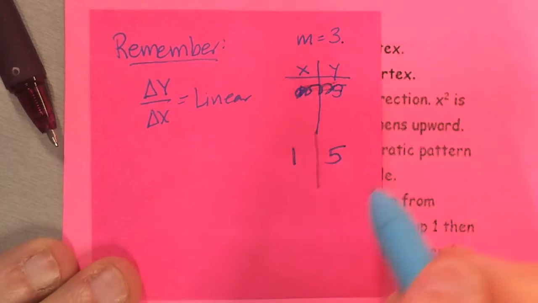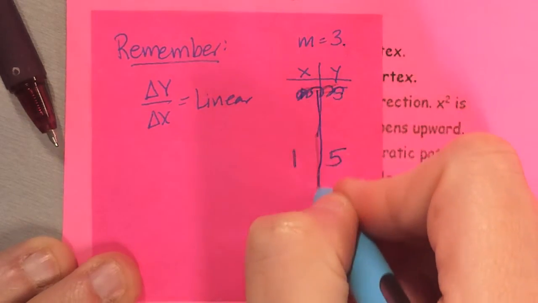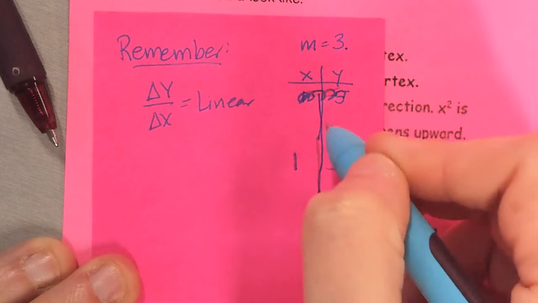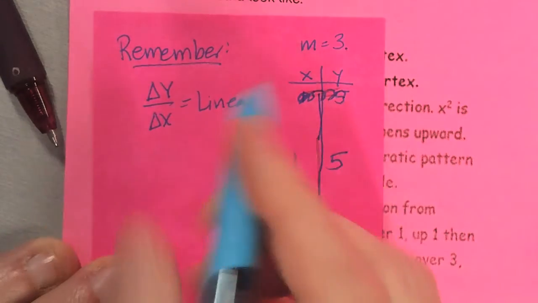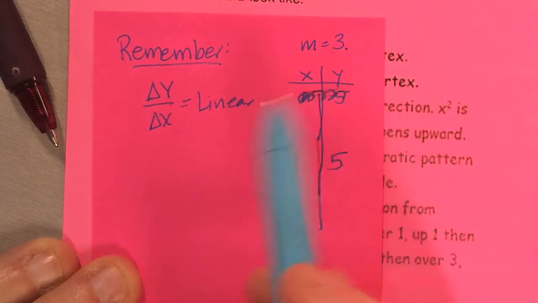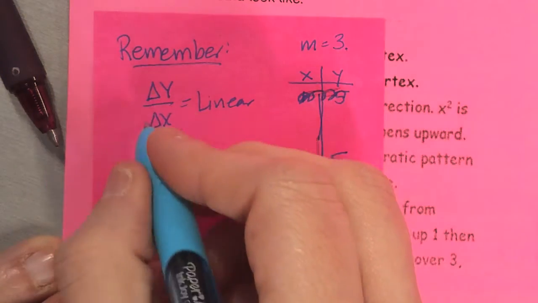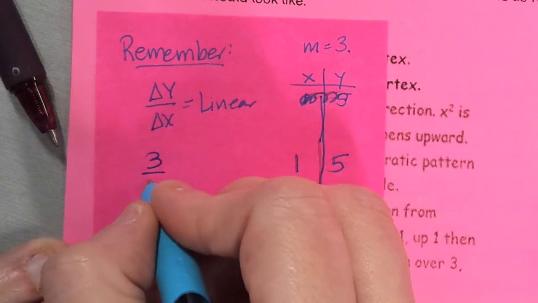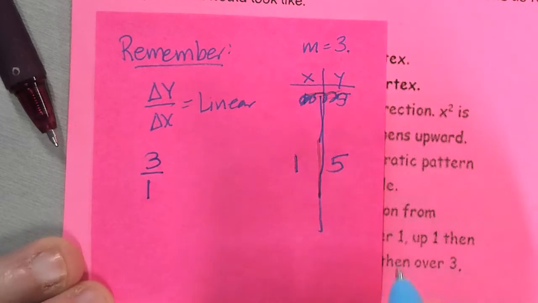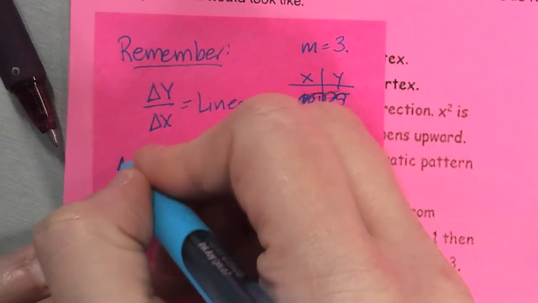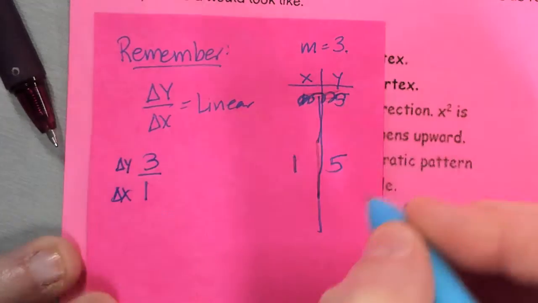My slope is 3, and I have the point (1, 5), and I want to build a couple of points going that way and a couple going the other way. I know my slope is 3, so that's delta y over delta x, which means 3 over 1. My change in y is 3 and my change in x is 1.